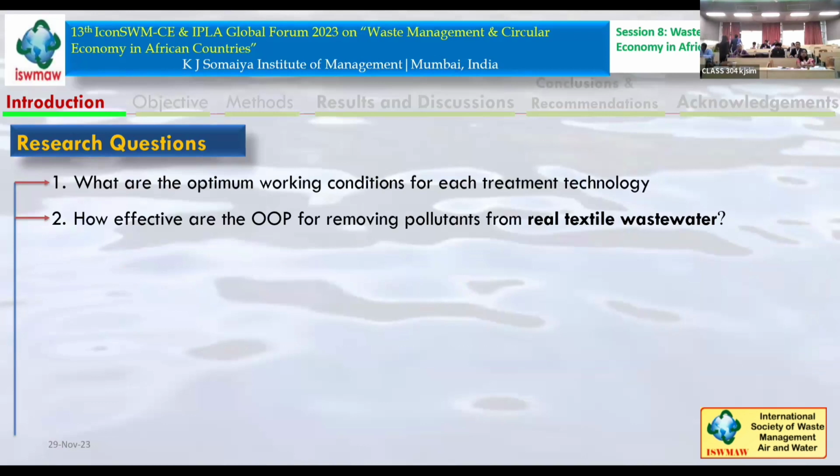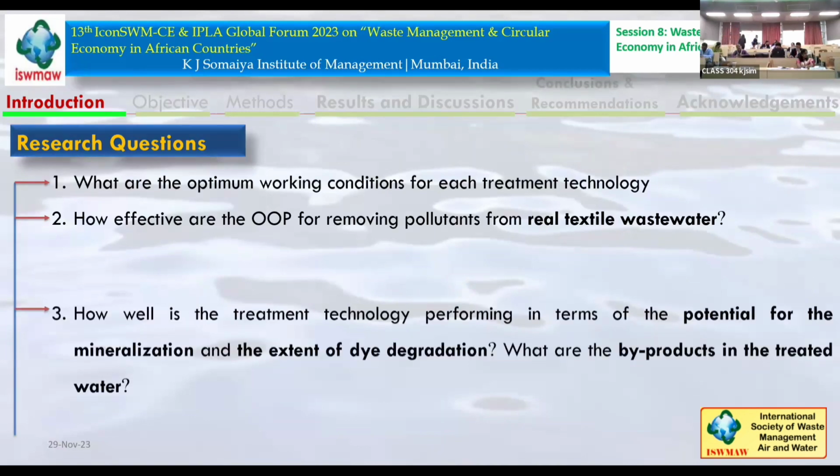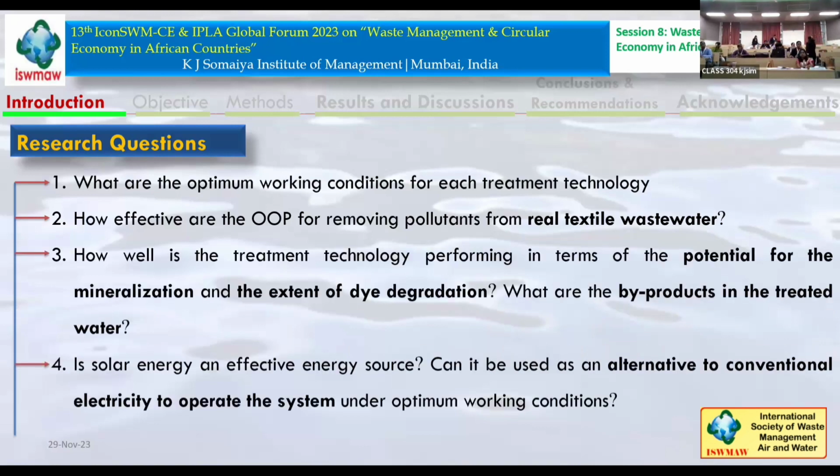So here, the research questions are: what are the optimum operating conditions, and how effective are those conditions for removing pollutants from textile wastewater?